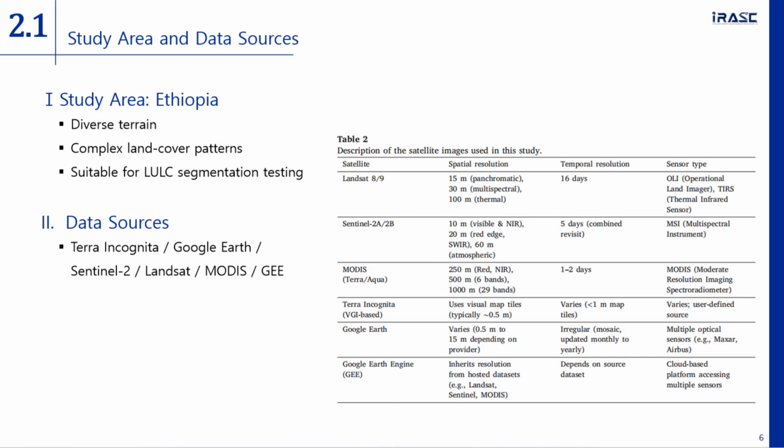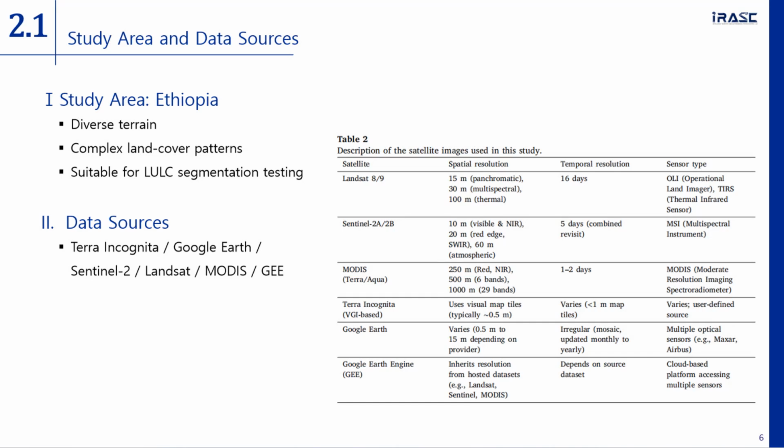The second part is about the dataset and annotation. The study area is Ethiopia. The authors select Ethiopia because it has diverse terrain and complex land cover patterns, including agricultural land, forest, grassland, roads, and so on. The data sources include these six.